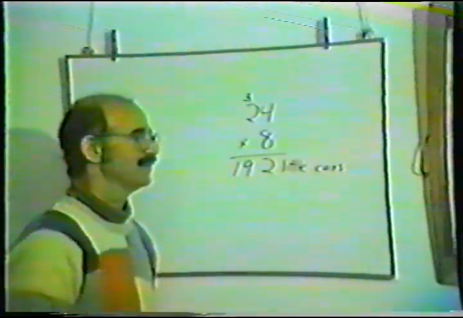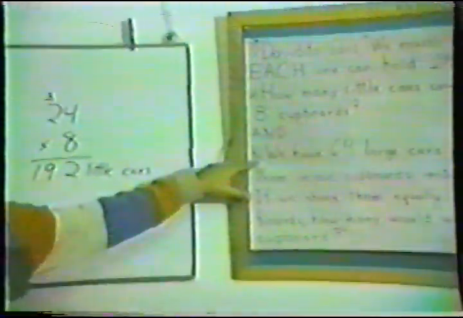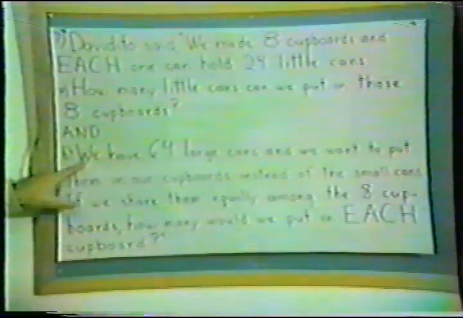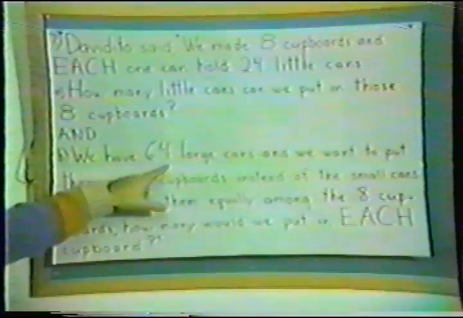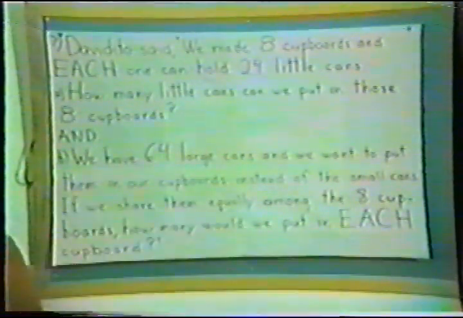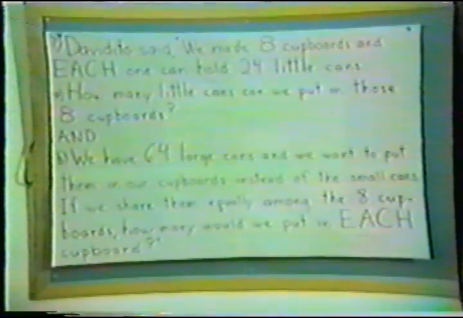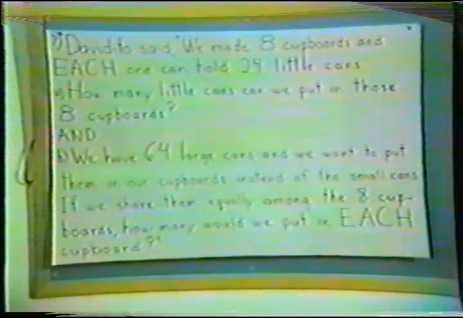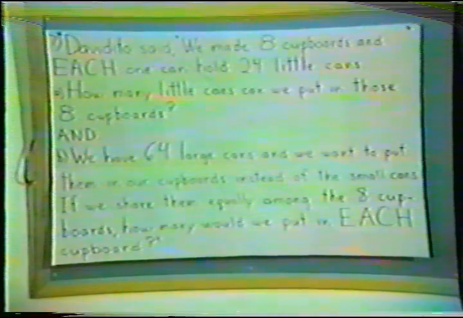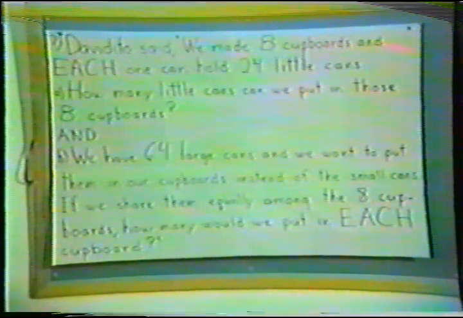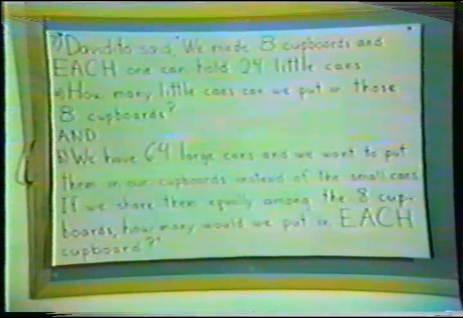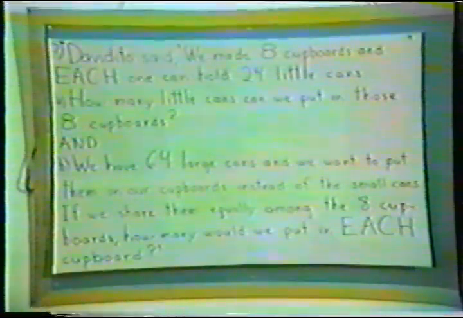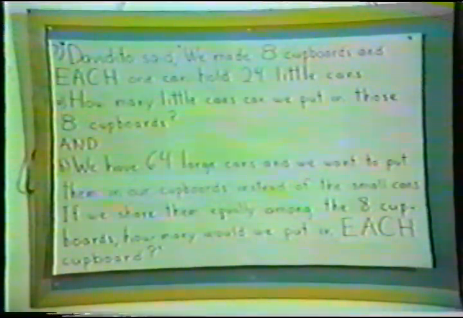Now, the second part, part B of the same problem. We have 64 large cans and we want to put them in our cupboards instead of the small cans. If we share them equally among the 8 cupboards, how many would we put in each cupboard?